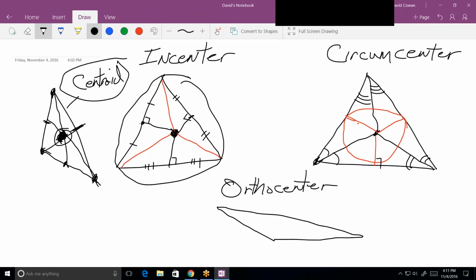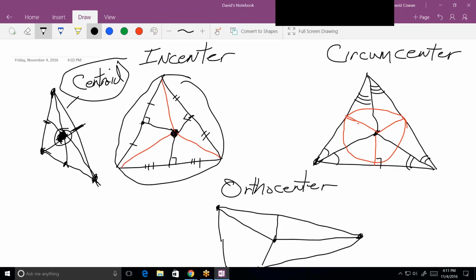And what you do is you take each vertex and you drop a perpendicular to the other side. In other words, there's that perpendicular. There's this perpendicular. And this perpendicular goes down there, and you have a center that's outside the triangle.